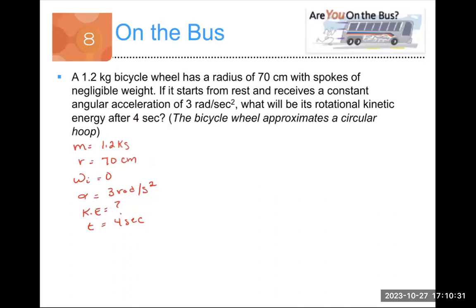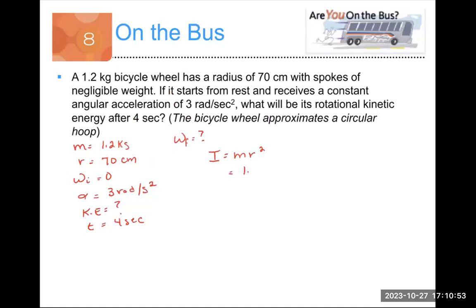Okay. So we don't know what our final speed is. We're told that it's a wheel. So our moment of inertia is going to be mr squared.